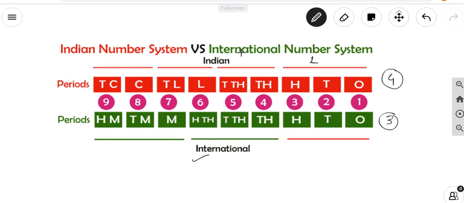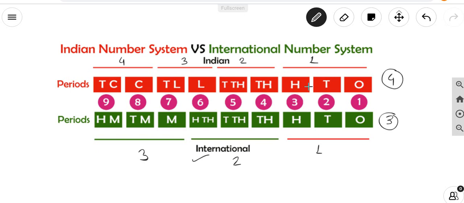Indian number system: first period, second period, third period and fourth period. In international: 1 period, 2 and 3. But the total number of digits used in both number systems is equal, that is 1 to 9.